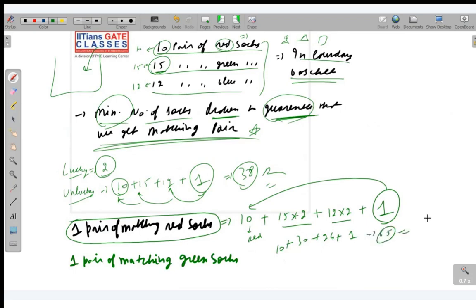Yes, any doubt here? 65. I answered this. Okay. So next is this one: a pair of matching green socks you want. So what you will say? Pick all 15 green. You just pick them, and all are from different pairs. Then you pick all the 10 pairs of your red socks, and then you pick all the 12 pairs of your blue socks. Then what will be your answer?